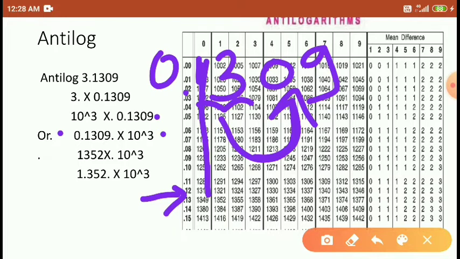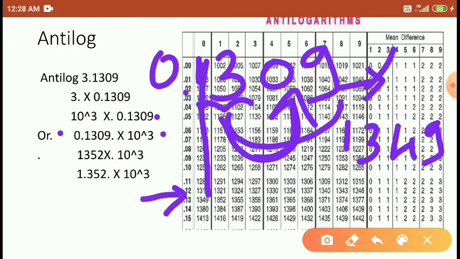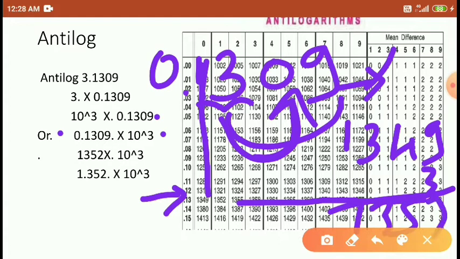This 0 value gives 1349. The 9 here is the mean difference. In the same row, the mean difference for 9 is 3. So add here 3, and you get 1352.